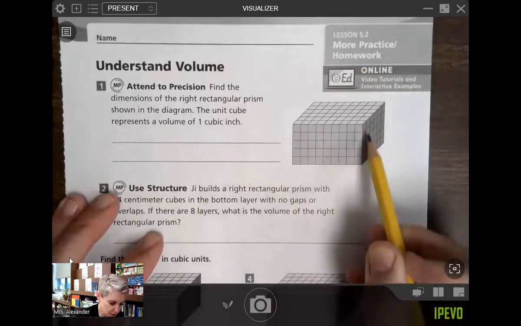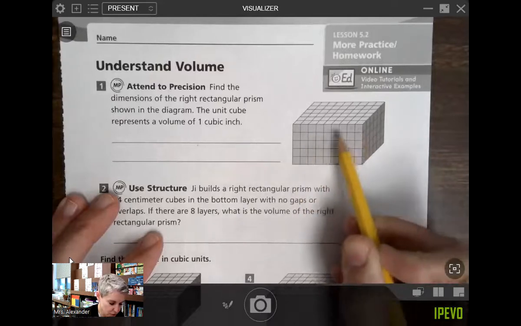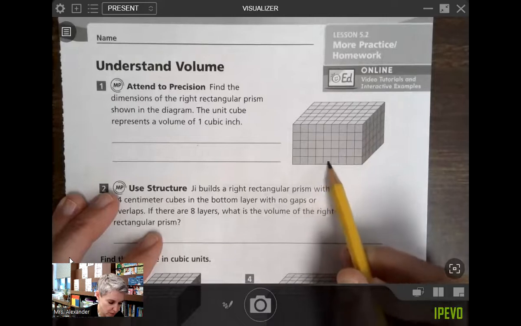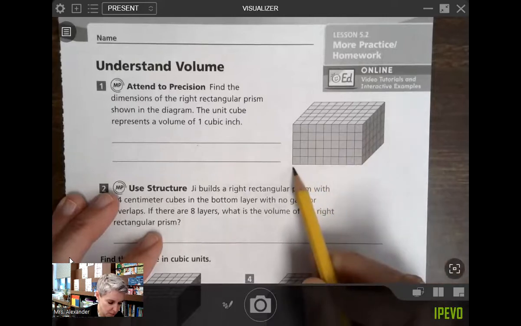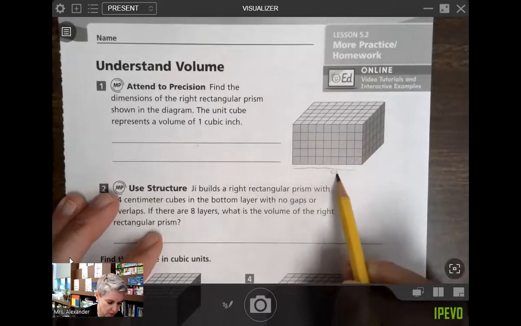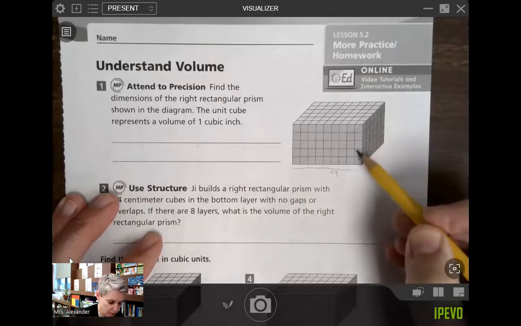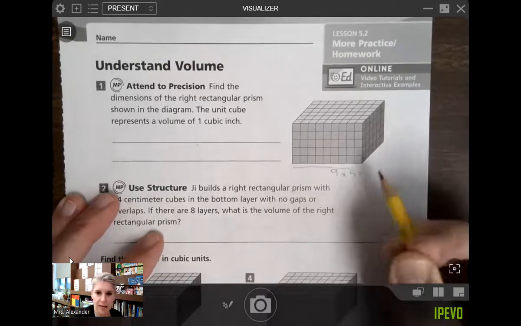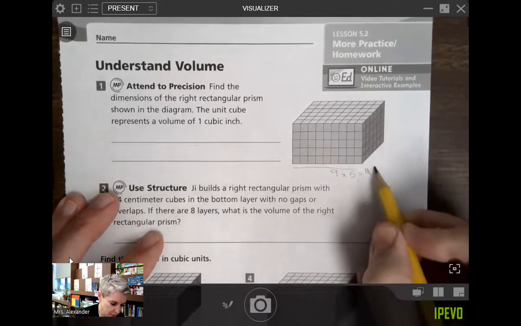What I like to do is look at this first panel on the front. It has 1, 2, 3, 4, 5, 6, 7, 8, 9 blocks across the front, and it is 1, 2, 3, 4, 5 blocks tall. So 9 times 5 would be 45.